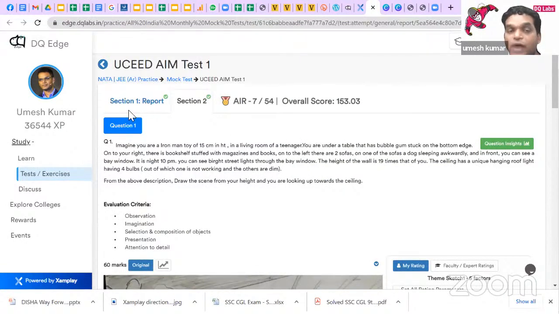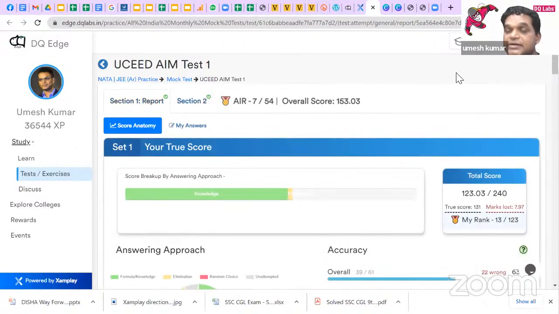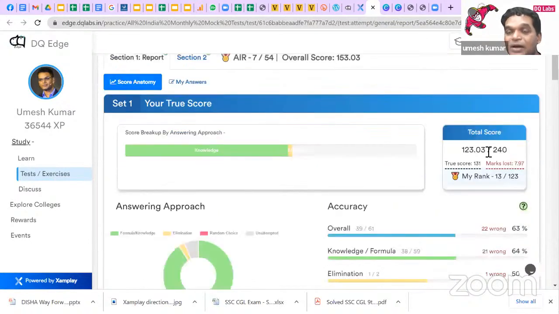Now, why I have taken Ananya Datta's case specifically is because in the test in DQ Labs, she was scoring about 123, 124 and so on, out of around 240. This is for the theory part. And she has given the exam now, and she has scored a similar amount of marks in her theory.